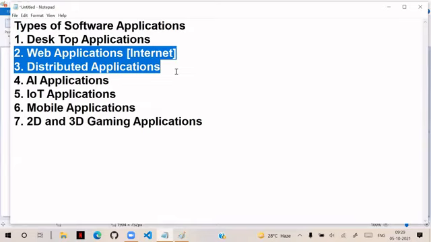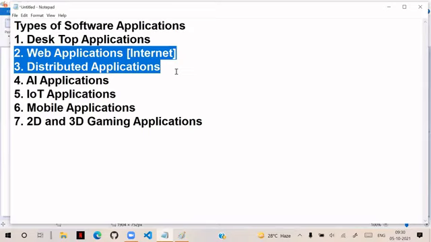But for distributed applications, some additional frameworks are required. I will give you an introduction to those also, because what you learn here is not enough for building a distributed application. Our main concentration will be web applications and distributed.